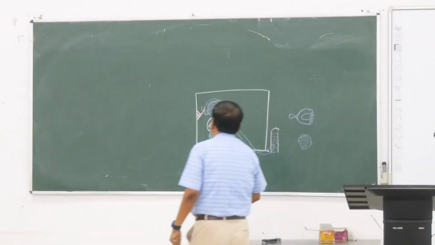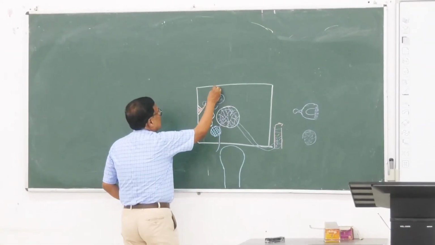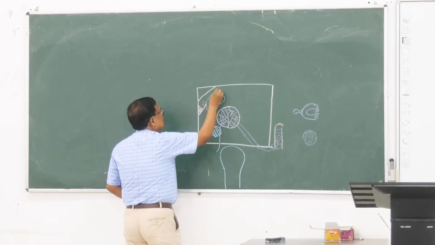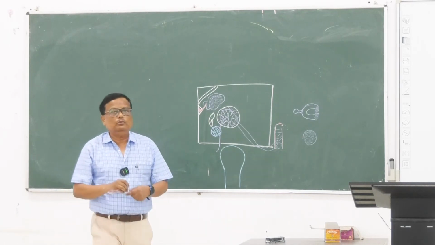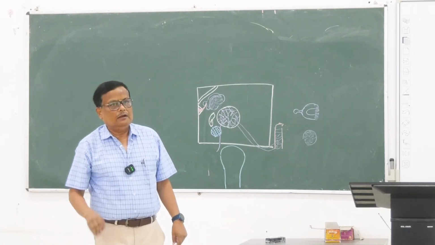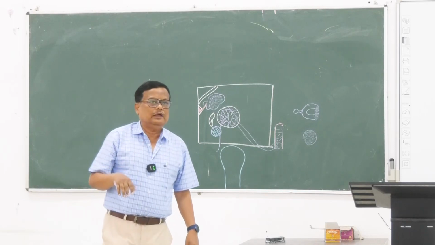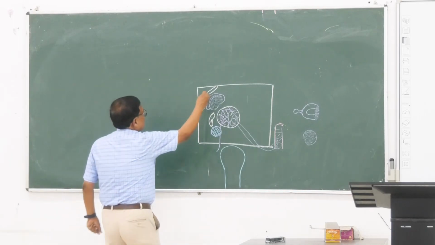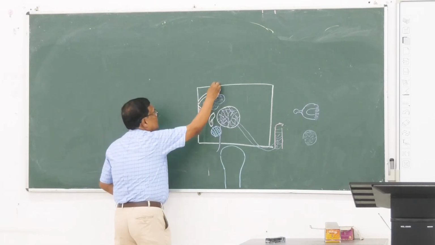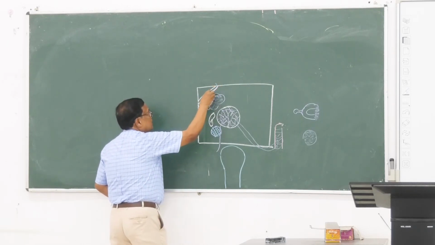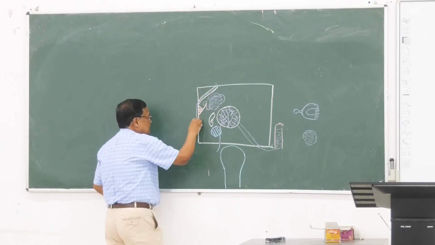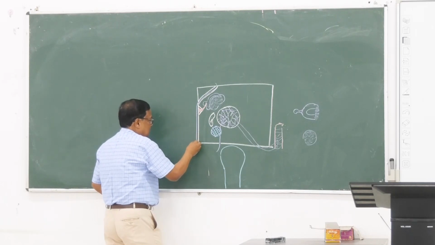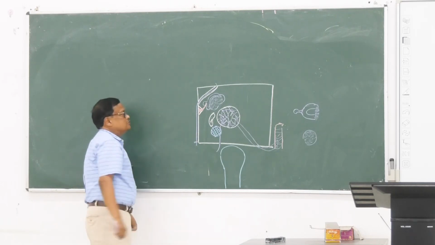Two important structures are present above and posterior to this. One is the canal of the facial nerve. I've already told you, the facial nerve enters the internal ear, and from the medial wall, this facial nerve makes a bend and courses backwards and then vertically downwards on the posterior wall to come out at the stylomastoid foramen.